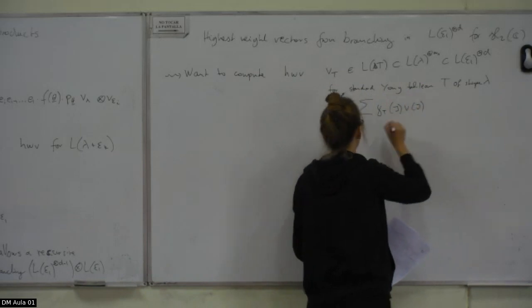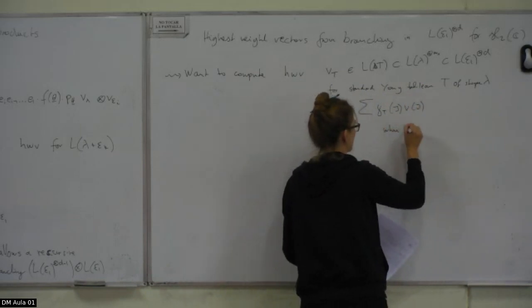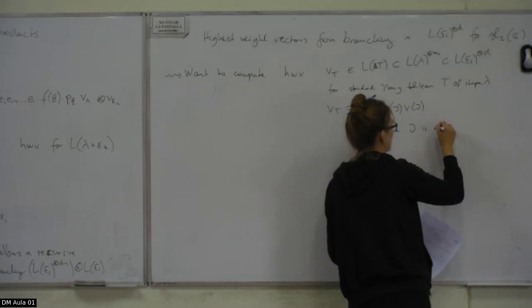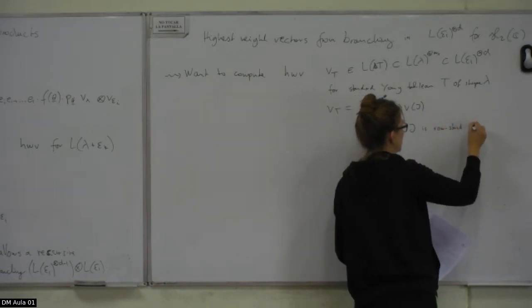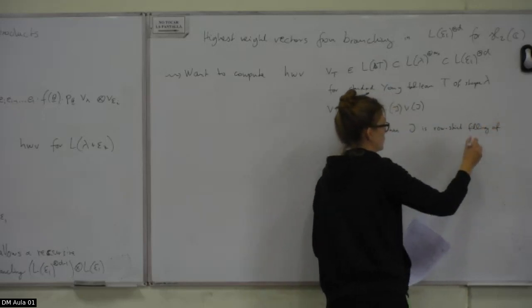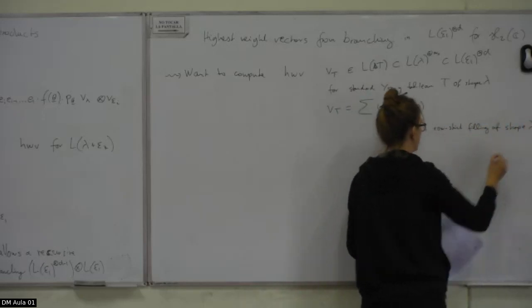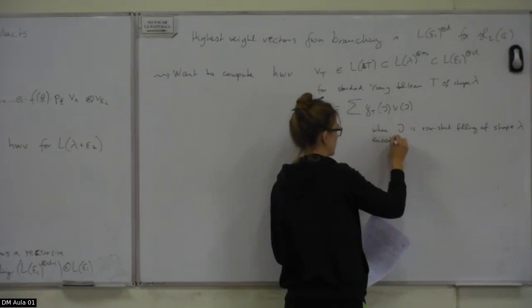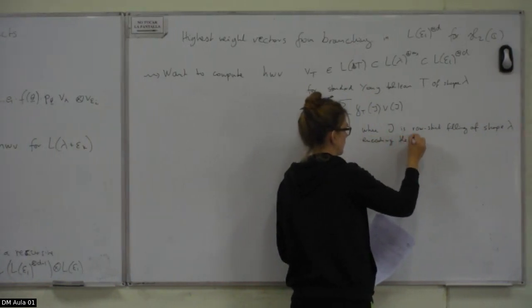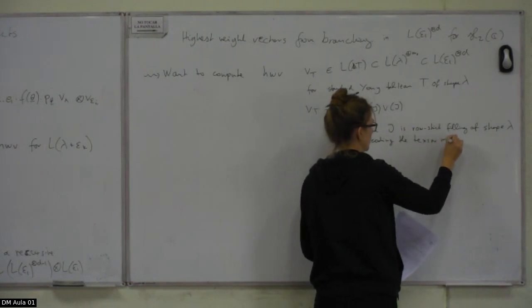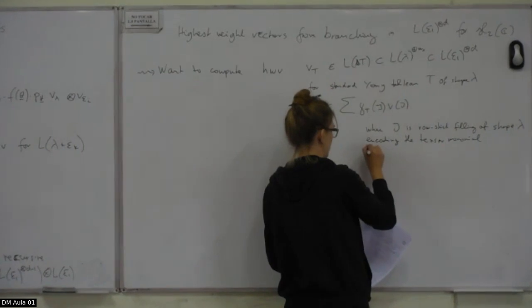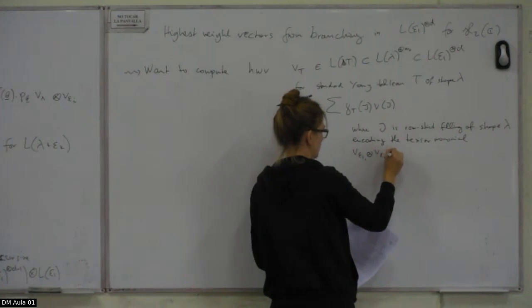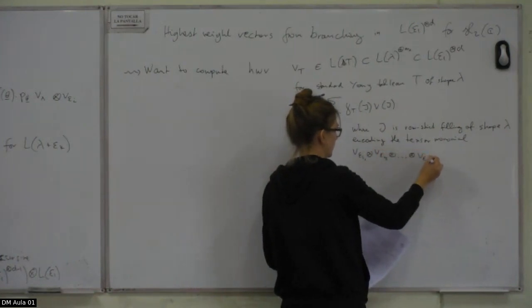So where J is not a standard Young tableau, but it is a row strict filling of shape lambda that encodes the tensor monomial epsilon I1 tensor epsilon I2 tensor and so on, tensor epsilon ID.